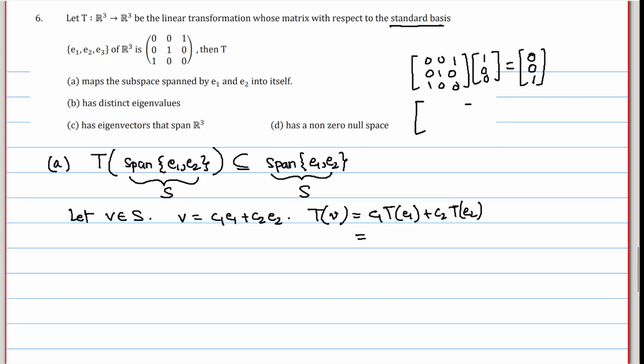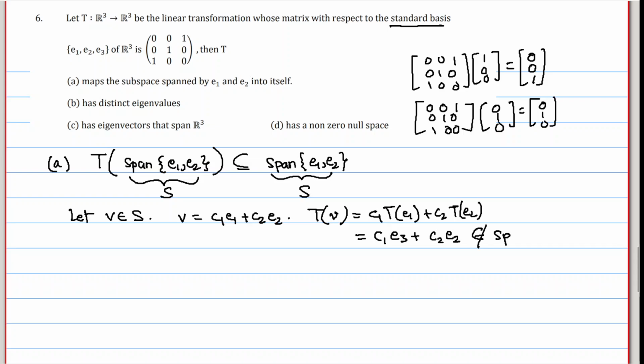And this matrix acting on E2 will be E2. So we get C1 E3 plus C2 E2. Observe that this is not in the span of E1, E2, because it contains E3.